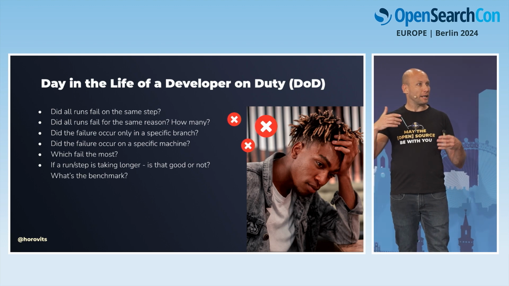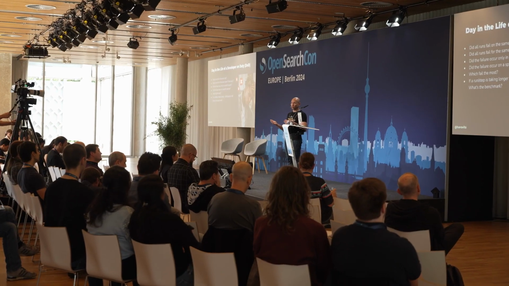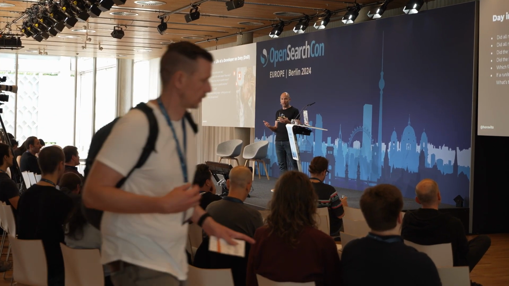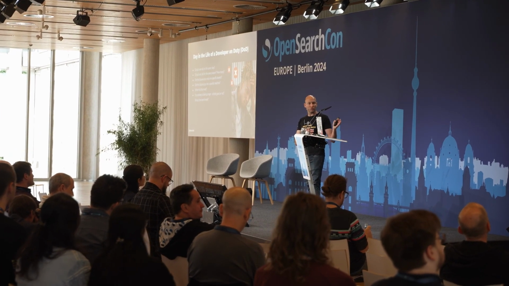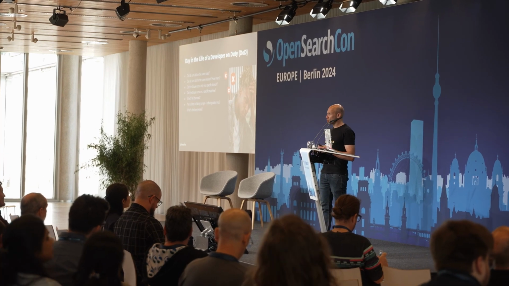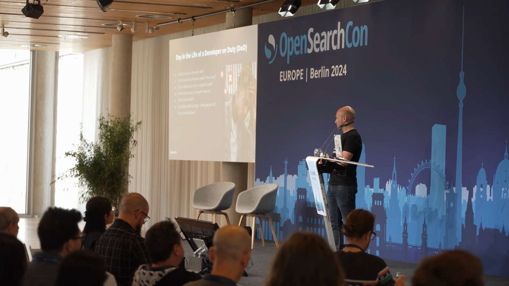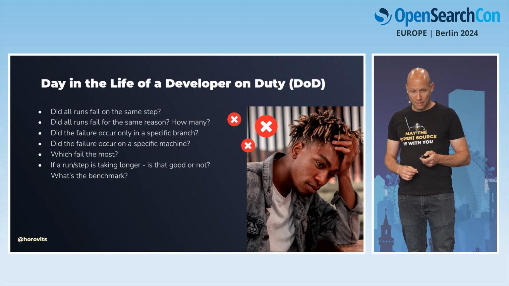If we suddenly see a spike in latency, is that normal? Is that really a spike? What is normal? What's the benchmark? And so on. These sorts of questions took us too long to answer, and we realized we need to improve. Remember these questions, we'll go back to them later.